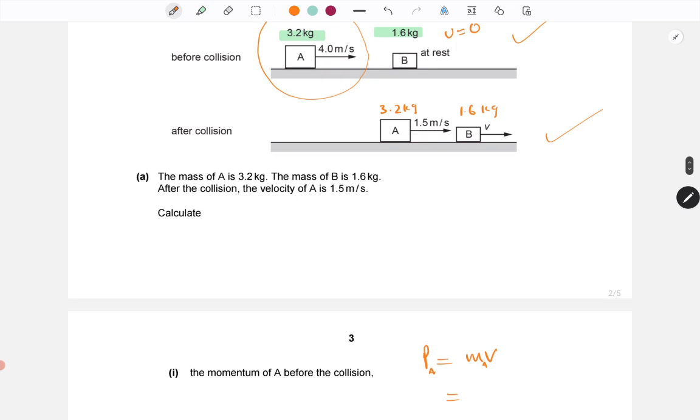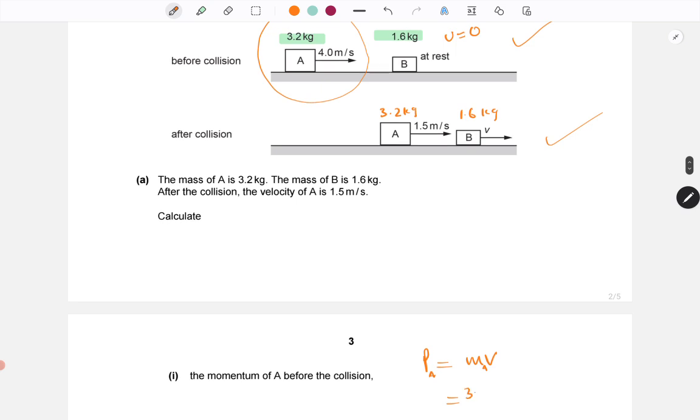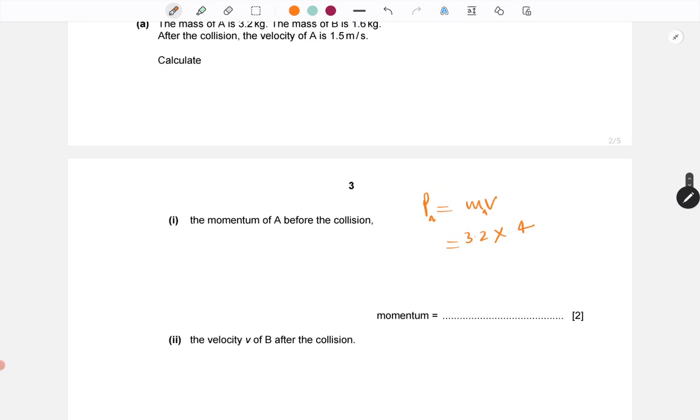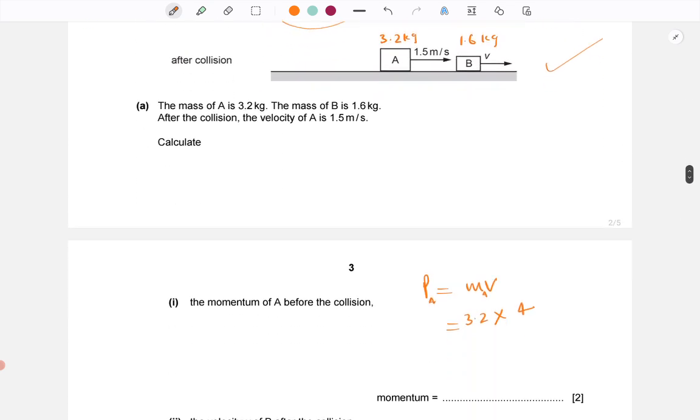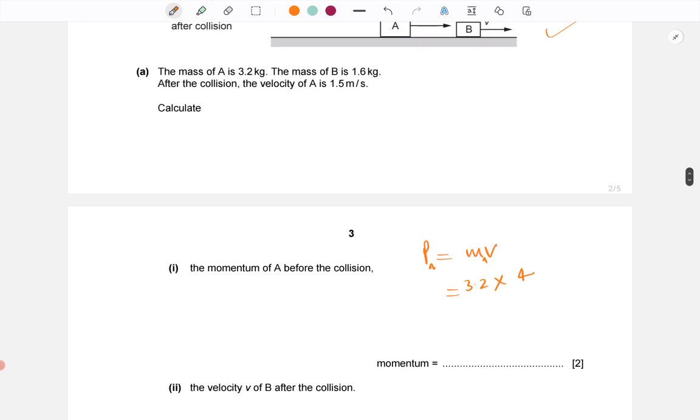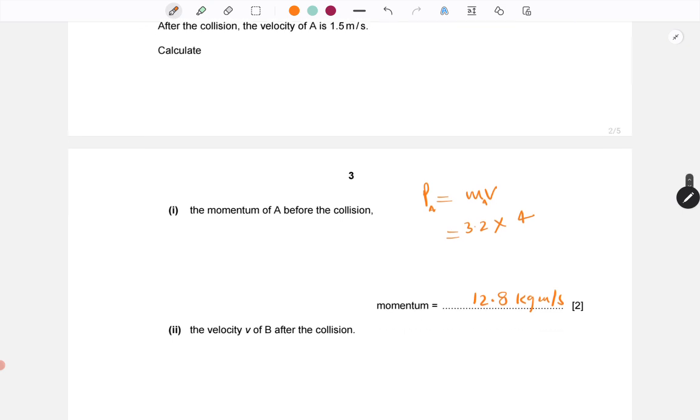That is 3.2, and the velocity before collision is 4, right? So how much will be the value? Let's calculate this. It's coming 12.8. And what will be the unit? That's kg meter per second, right? Okay, we are done with the first part.